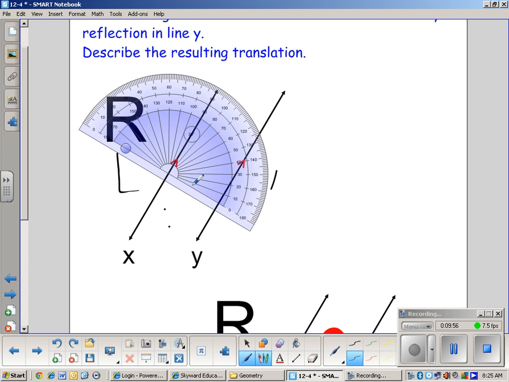So it has to be perpendicular over this line, and has to be the same distance away. So we'll say it's there.